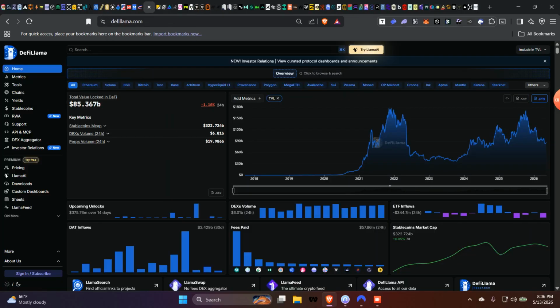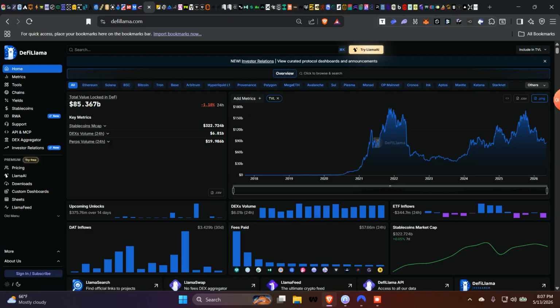Now that all the preliminaries are out of the way, another tool that you're going to need in your daily speculation and thinking about what you're going to do and how you're going to upgrade your portfolio is DeFi Llama. DeFi Llama is a wonderful place for you to get the information that you need in order to plan your plan of attack.